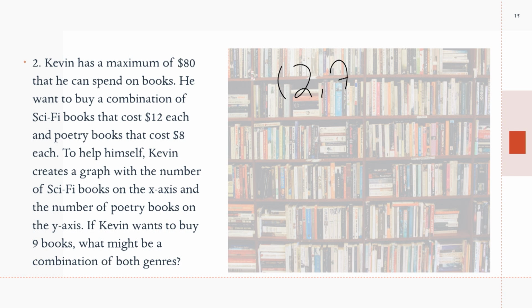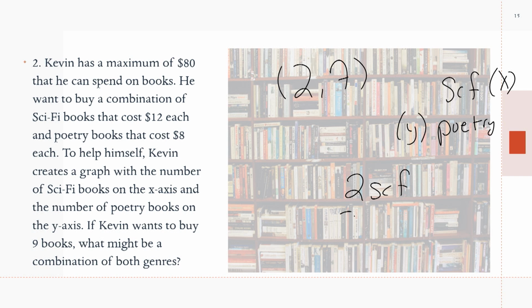So now that I have their intersection at 2, 7, let's go back and see the context. I said that I had my sci-fi and I had my poetry. I let my sci-fi be my x and my poetry be my y. So that means I get 2 sci-fi books and I can get 7 poetry books.